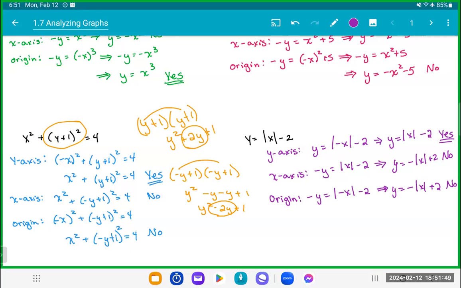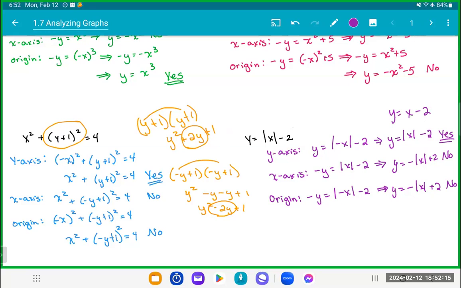So the reason I didn't move the absolute value when I moved it over, you could, right? But I left it there to help signify, because if I remove it, it would just be y equals x minus 2. While that is also correct, it doesn't look exactly like this.